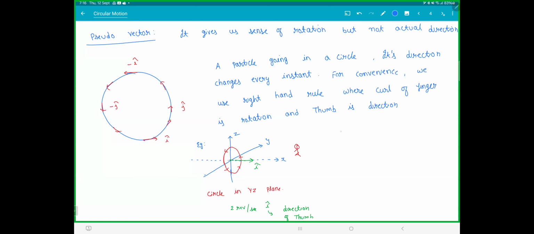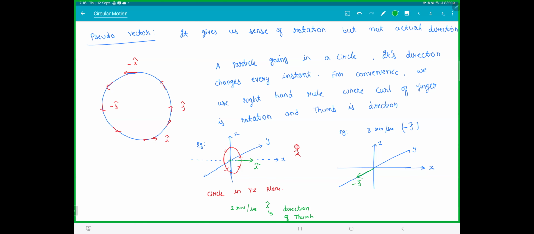For example, if I give you one more example, if I say a particle is rotating 3 revolutions per second minus j cap, can you tell me how it is going? Put your thumb along the minus y-axis and then rotate your fingers. That will give you the direction of rotation. So this is x, this is y, this is z. You're saying the thumb is in this direction, minus this thing.